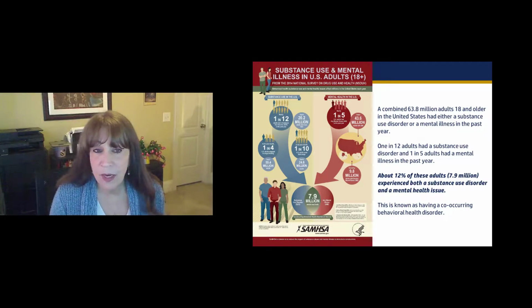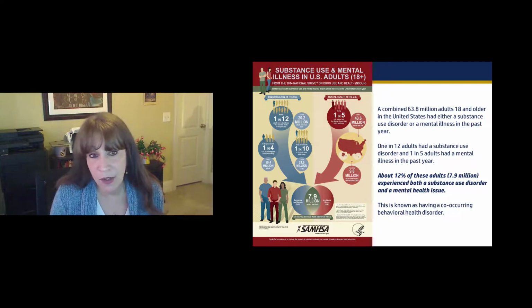Also another busy figure, but I will walk you through it, in that a combined 63.8 million adults 18 years and older have had either a substance use disorder or mental illness in the past year. So it's a huge number, and this is an old figure.